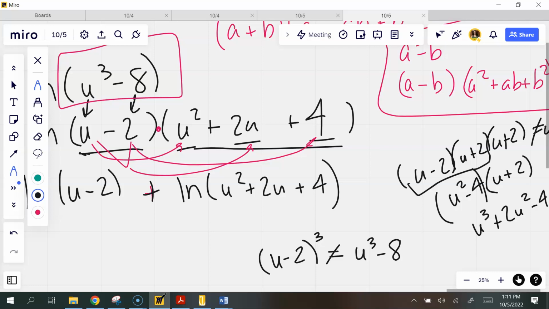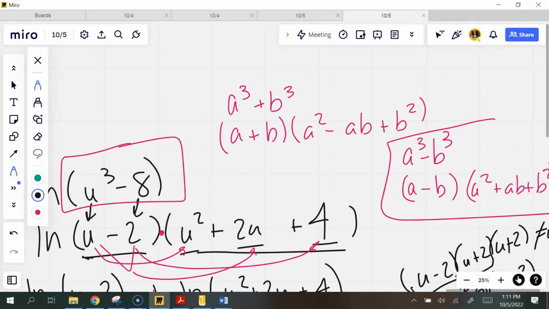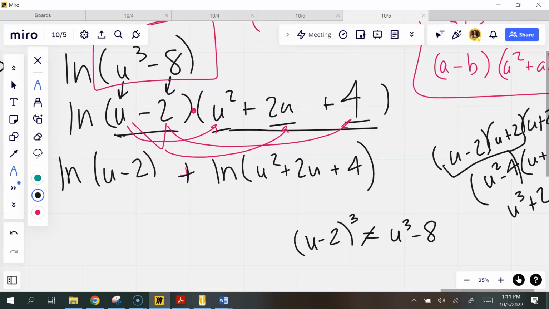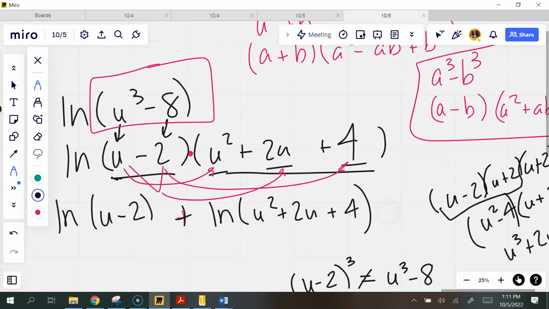I don't understand how to get A plus B. Some are difference of 2 cubes.